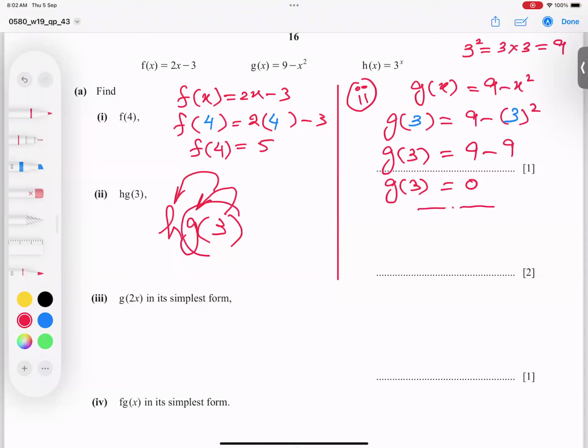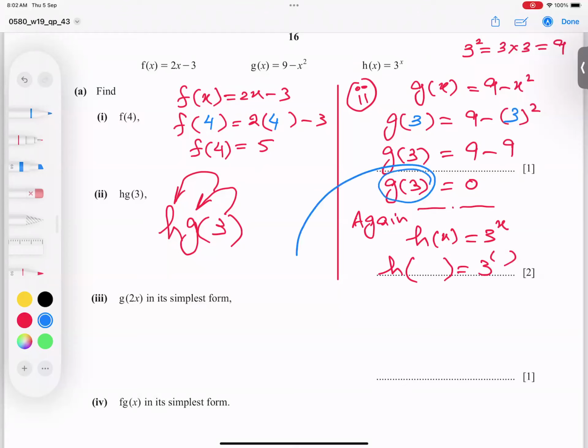Now we have to plug in the whole thing in h. So I'm writing the word again here. It's not compulsory. I will copy the function of h. Done. What to do? I will leave empty spaces on both sides. So this name will come here, and this value will come here.